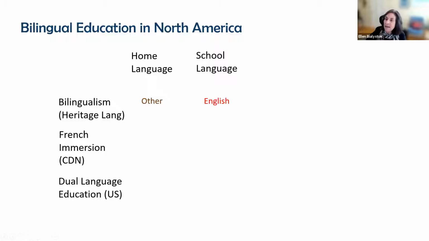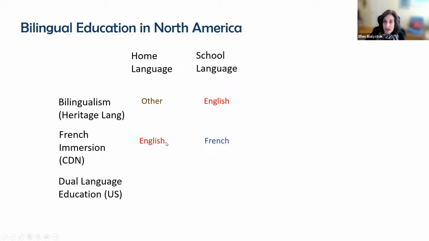So we can say in bilingualism, where children speak something at home and then come to school where English is spoken, and forgive me, this is all based on English, but any language can be substituted. So this is heritage language bilingualism, and this is the majority of the research that we do, certainly the research I've already shown you. Children speak something at home and they speak English at school. In Canada, we have French immersion programs where children speak English at home.